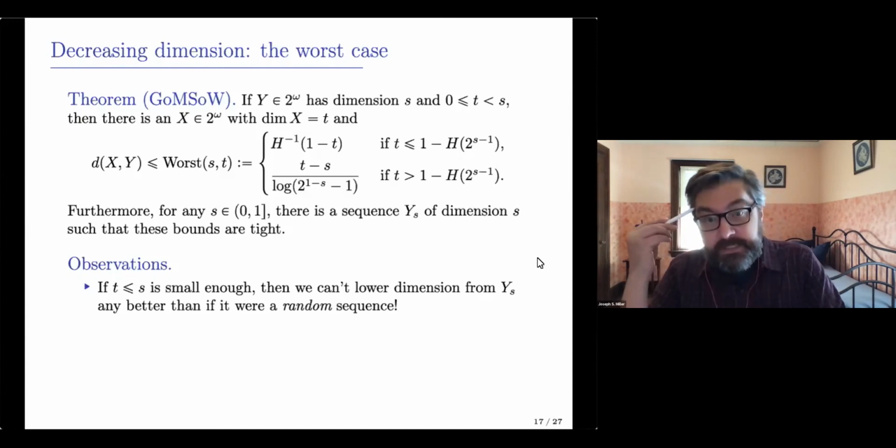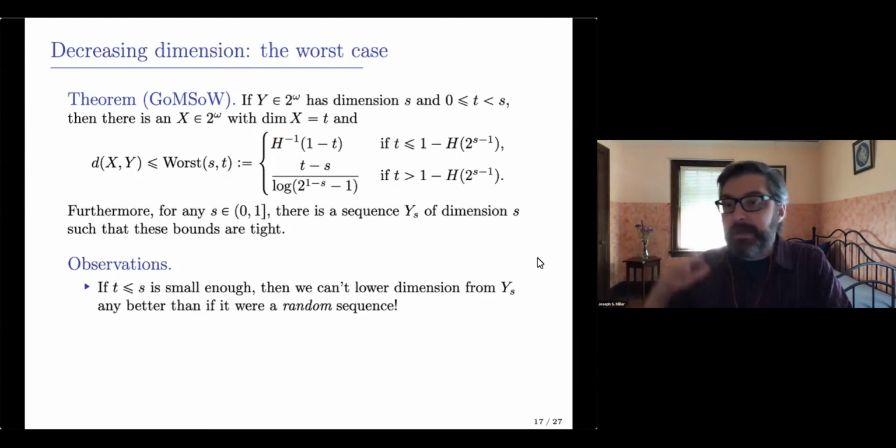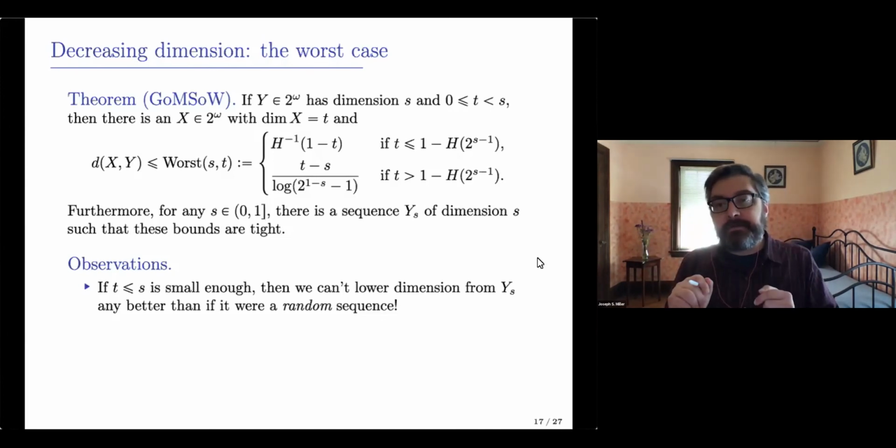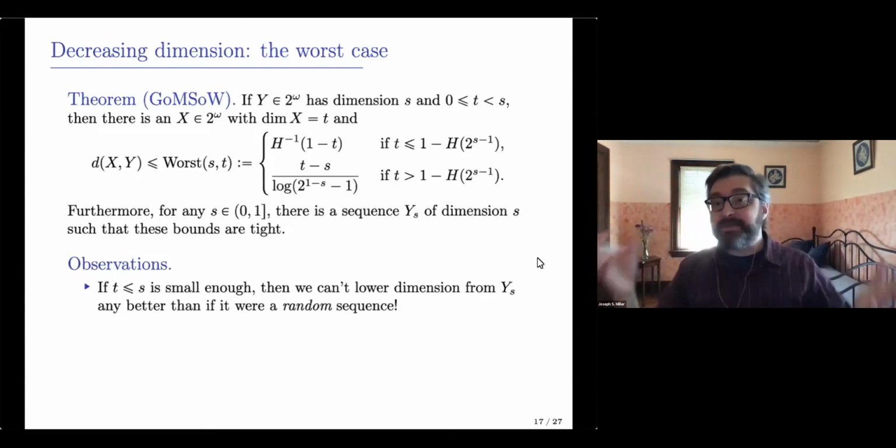So again, I've already said this, but if t less than or equal to s is small enough, we can't lower the dimension at all any better than if it were random. We can't leverage the fact that it has dimension s. The redundancy of information, the robustness of the coding, is such that even though it doesn't have full information, it might as well.